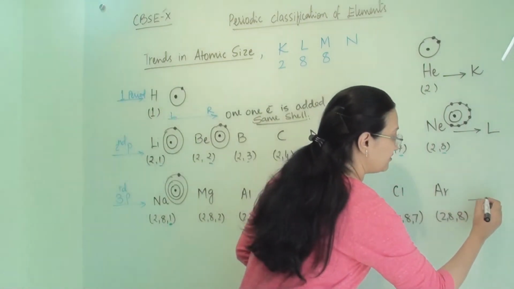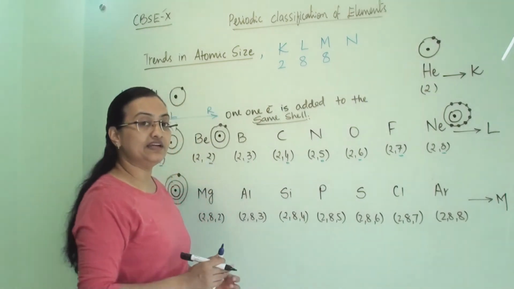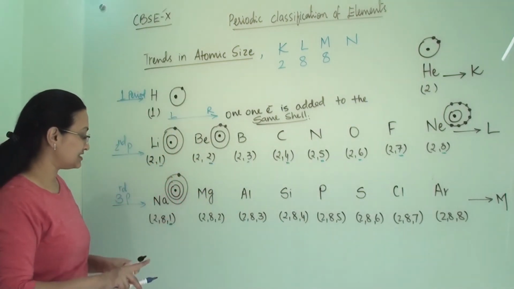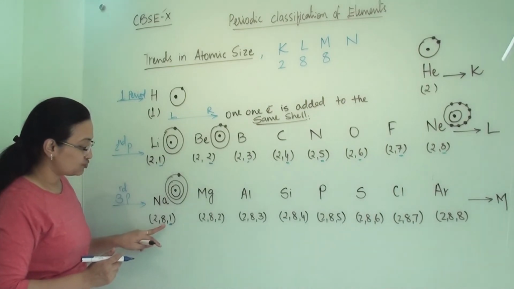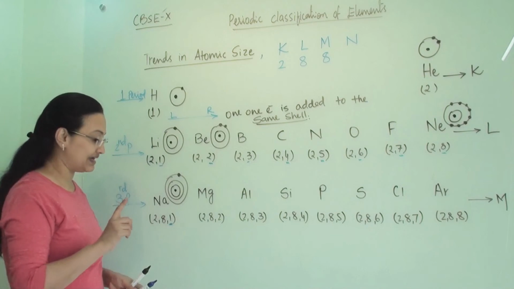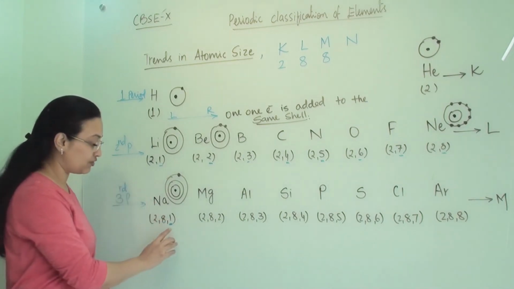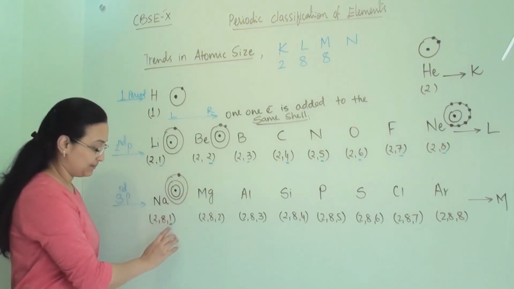When we reach the last element, the complete M shell will be filled. Let us see how. Here the first 2 shells are completely filled. For sodium there are 11 electrons, so I have kept 1 electron in its valence shell, that is the last shell, M.